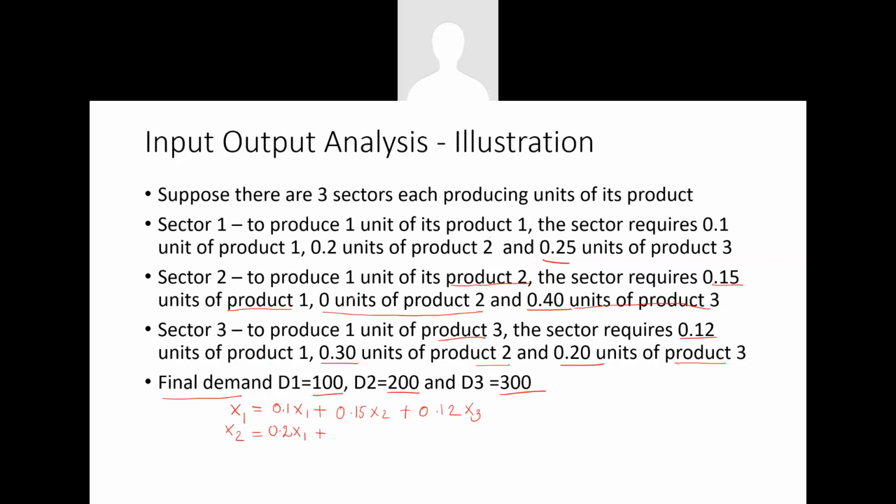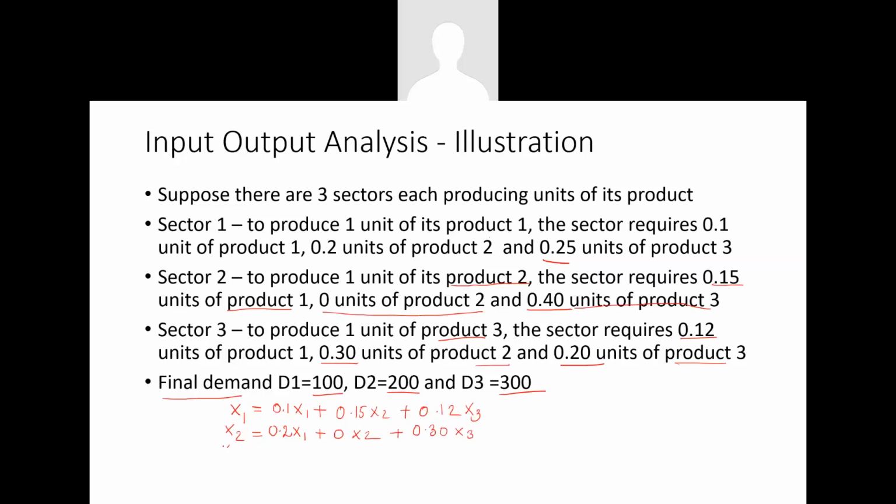And for producing product 2, it doesn't use its own product as an input. So we can write this as 0 x2 plus. And for the third sector, it requires 0.30 unit as input for producing product 3. So it can be written as 0.30 x3.